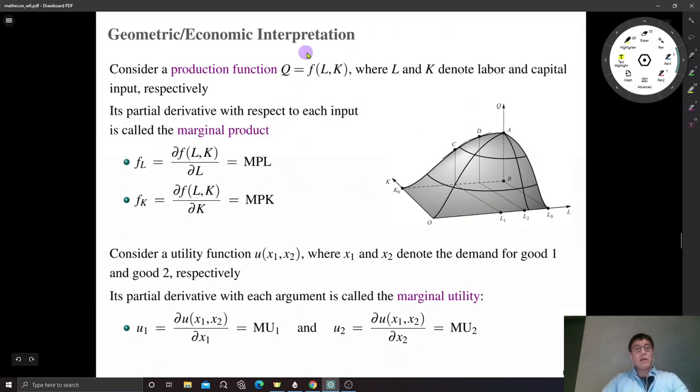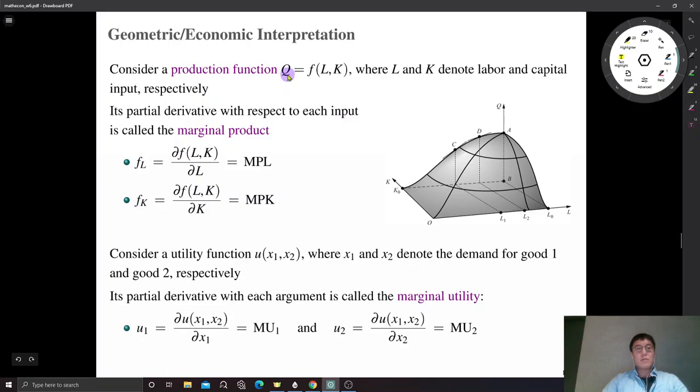But in economics, think about a firm. You are the owner of some firm, so you have to decide how many people you employ and how much capital you borrow from the bank. These two variables will decide the quantity produced, how many units you will produce.